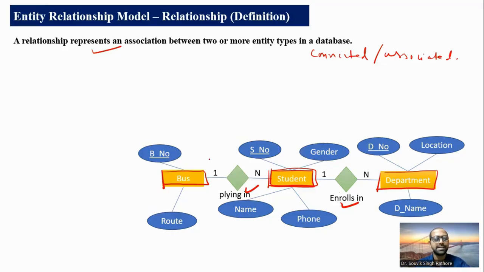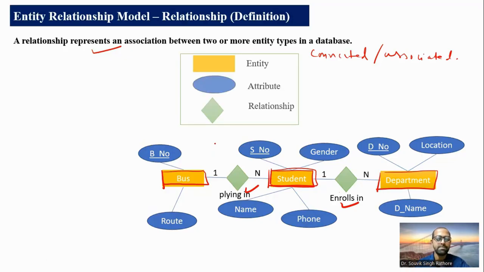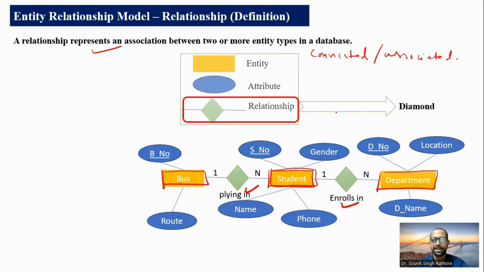Just remember that entity types, or the entities, represent any object, while the relationship represents association between these entity types. In the ER diagram, a relationship is generally represented using a diamond shape. Entity type is represented with a rectangle, attribute is represented with an oval, and relationship is represented with a diamond shape symbol.